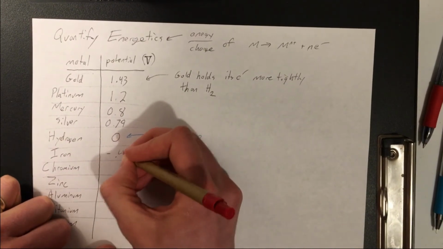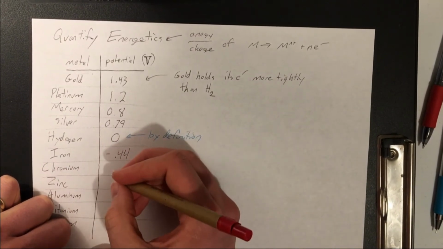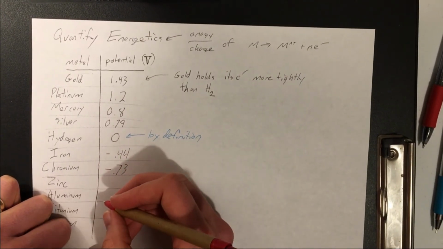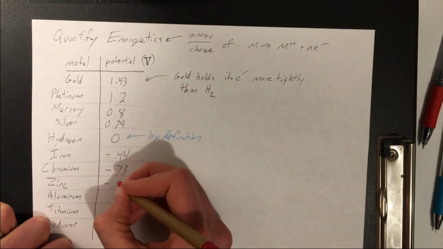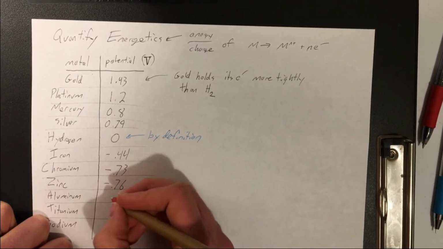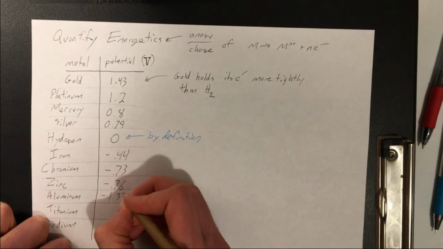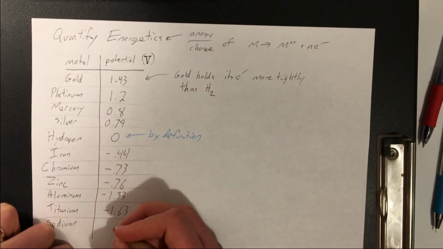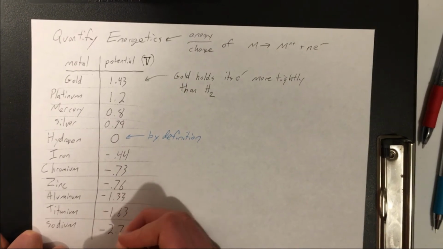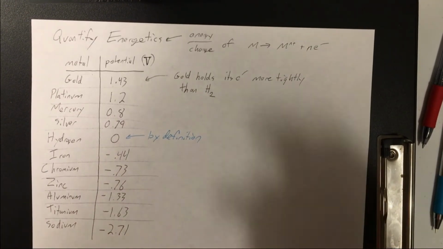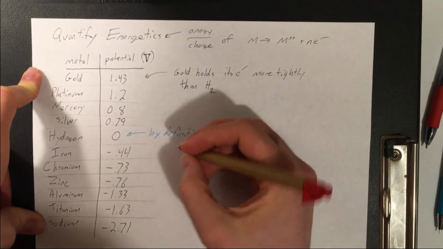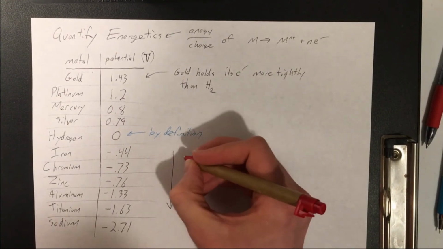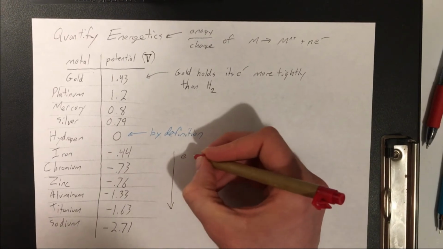Iron is minus 0.44, chromium minus 0.73, zinc is minus 0.76, aluminum is minus 1.33, titanium is minus 1.63, and sodium is minus 2.71. So what's a general trend that we can pull from this? If we go in this direction, it's easier.